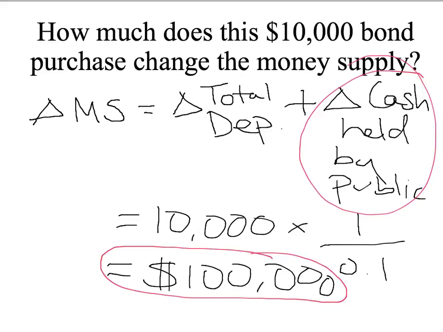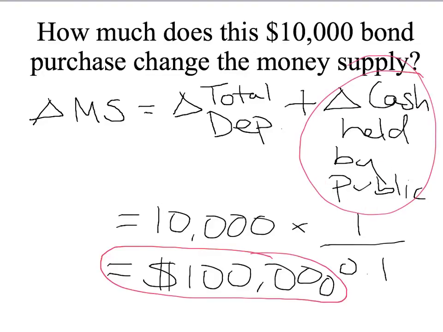When we sell a bond to the Federal Reserve, we put that money directly into a bank account, and that full amount is counted as a change in the money supply. And of course, you can think through a scenario where maybe she didn't put all of the money directly in the bank account, maybe she spent some of it, but eventually it's going to end up in deposits. The key is that the source did not come from the public. So the source was not the public, it was the Fed.